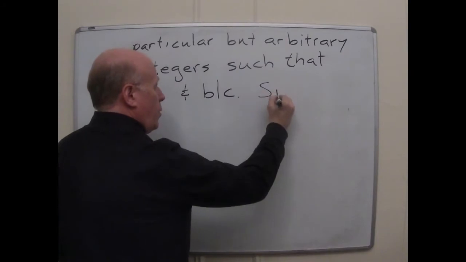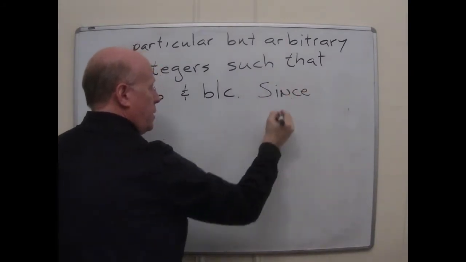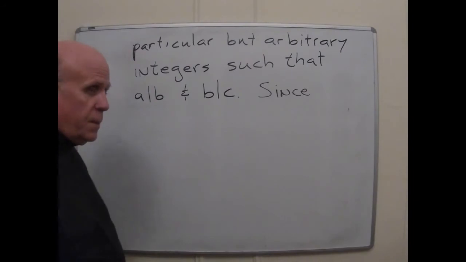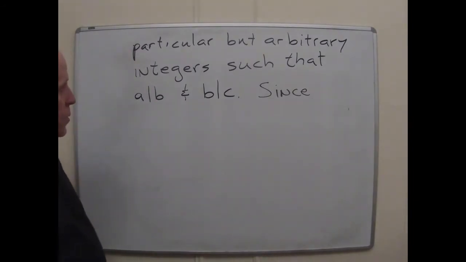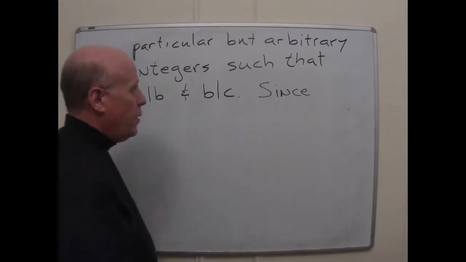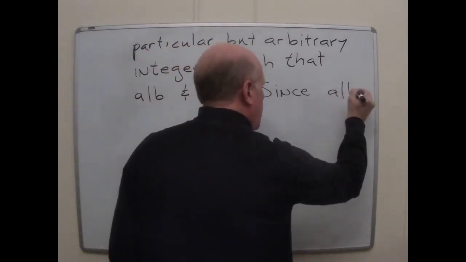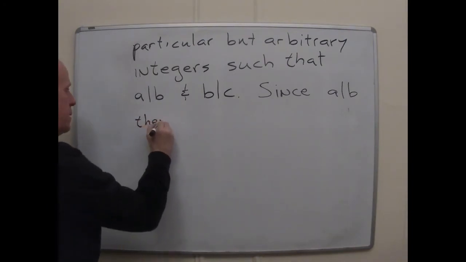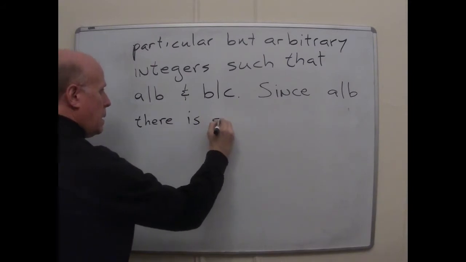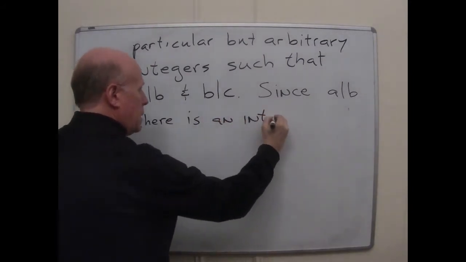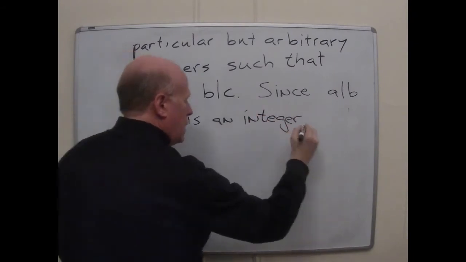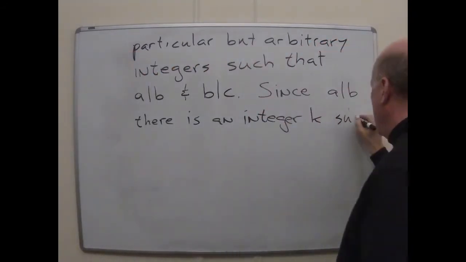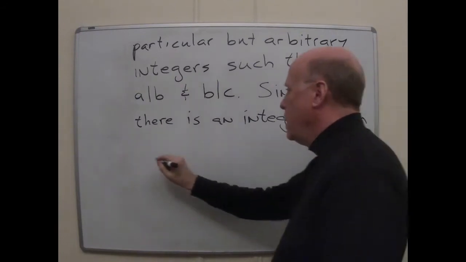So that second sentence almost always begins with the word since, and then recaps the things that we just wrote down as the antecedent of the universal conditional sentence. So since A divides B, we do them one at a time. Since A divides B, there is an integer k such that, and what's going to be the such that there?